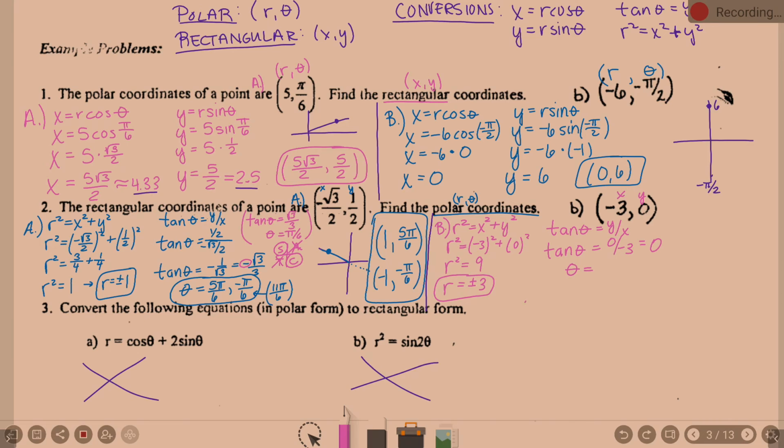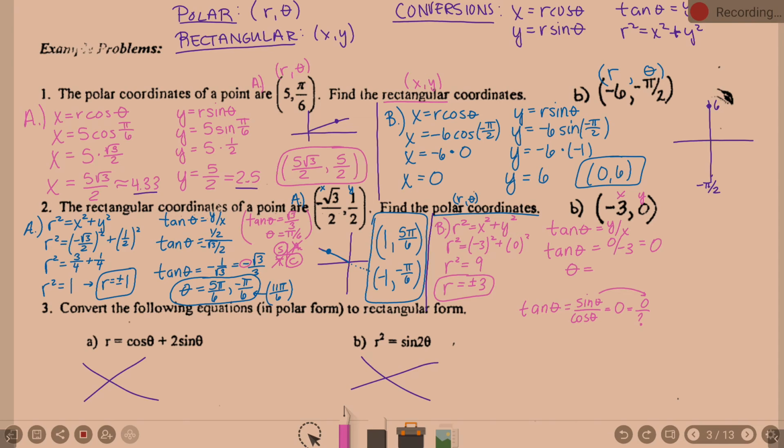Side note here. Tangent, you guys have known, this should be memory. Tangent is sine over cosine, yes? So if we're trying to figure out when tangent is 0, well, then what's that mean? 0 over some number. So we need to know when is sine 0.